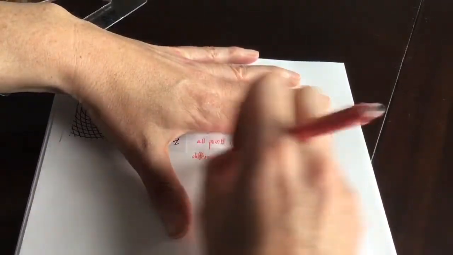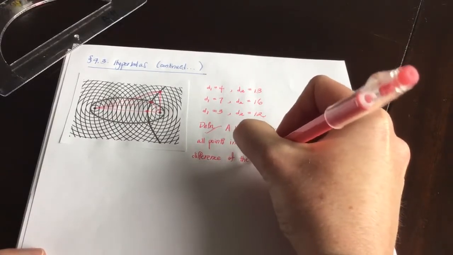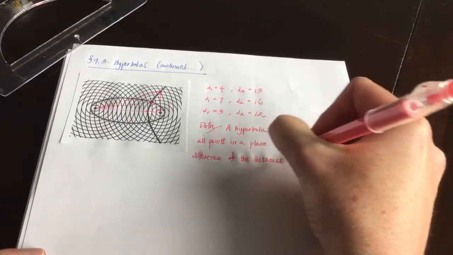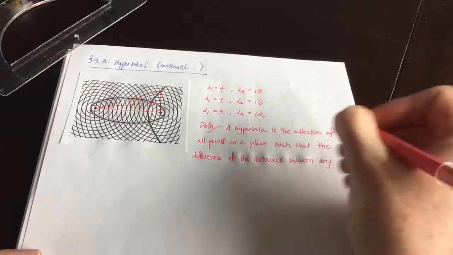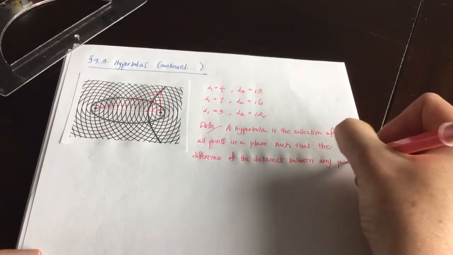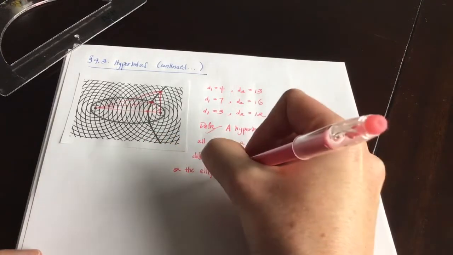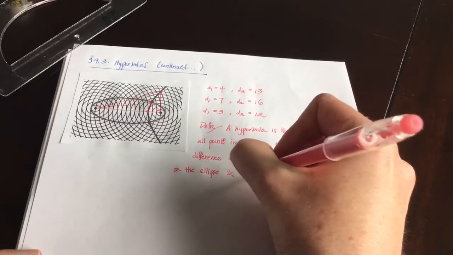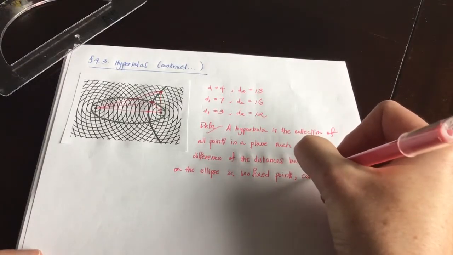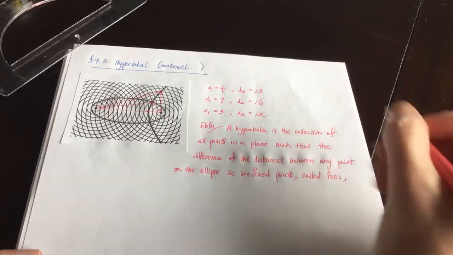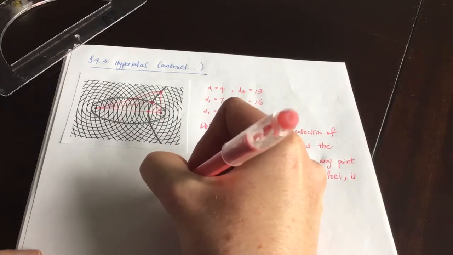The difference of the distances between any point on the hyperbola and two fixed points called, you guessed it, foci, is always the same constant value.